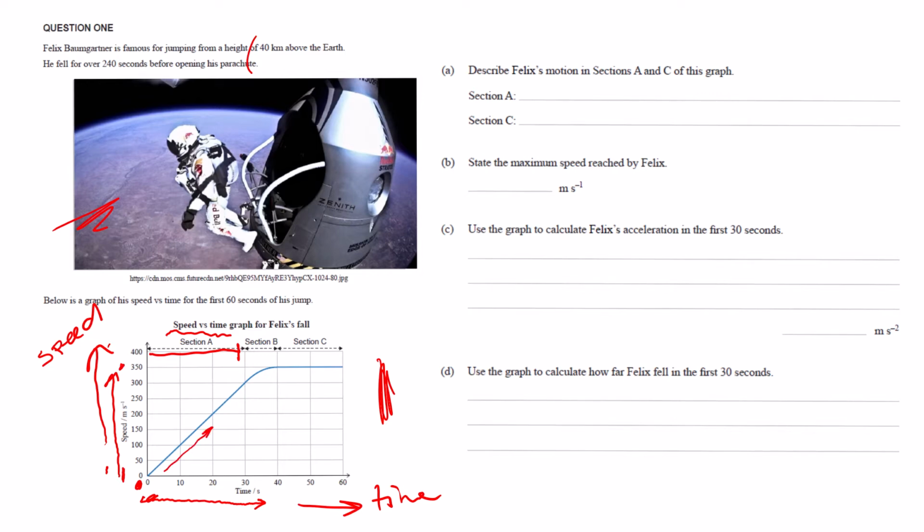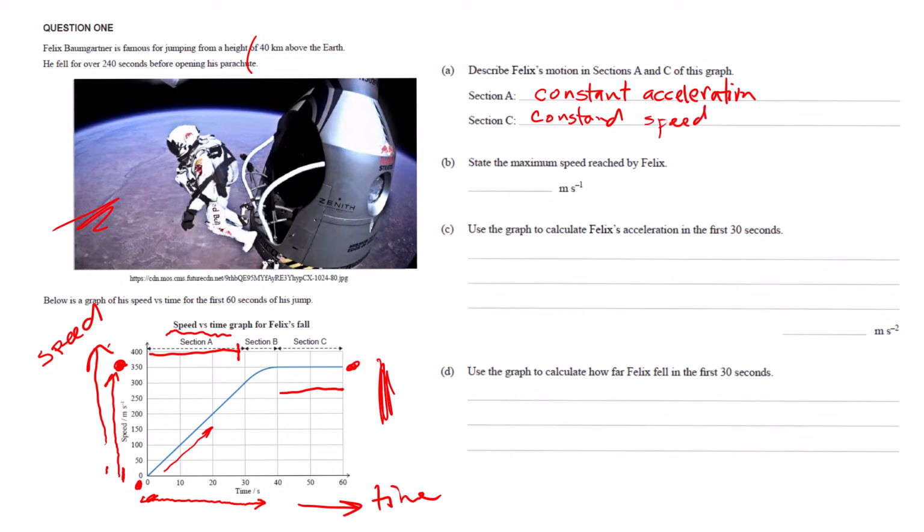So we could say at this section A, there is constant acceleration. It's speeding up. And section C, that's the section here, we can see that the speed is constant at 350 meters per second. So we'll say constant speed in section C.